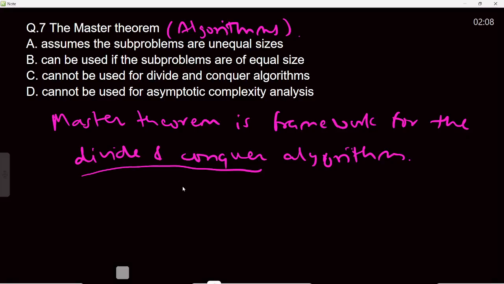As they are of equal size, we need to make the problem as small as possible. If we make the problem smallest, so that we can solve it in just one or two steps, then we can consider it the smallest problem.